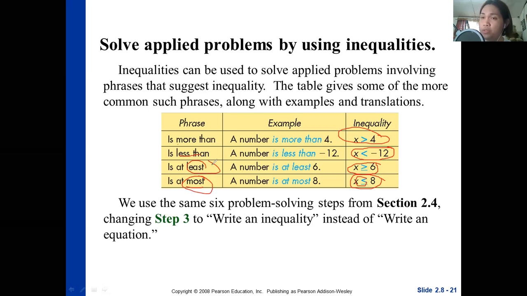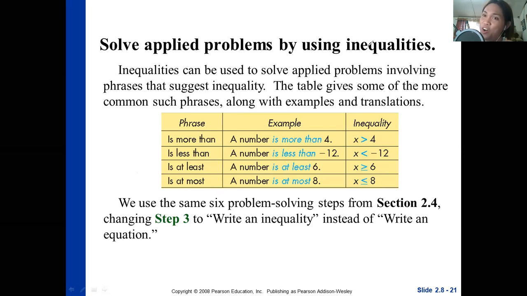These are the most common words or translations in algebra that students sometimes make mistakes on. We use the same 6 problem-solving steps from section 2.4, changing step 3 to write an inequality instead of write an equation. So please do not forget the symbols that we use for phrases and for inequality.